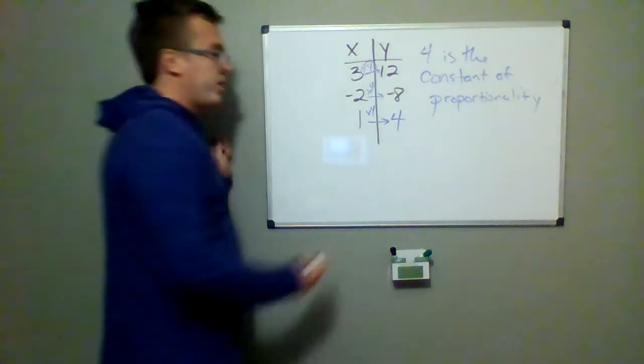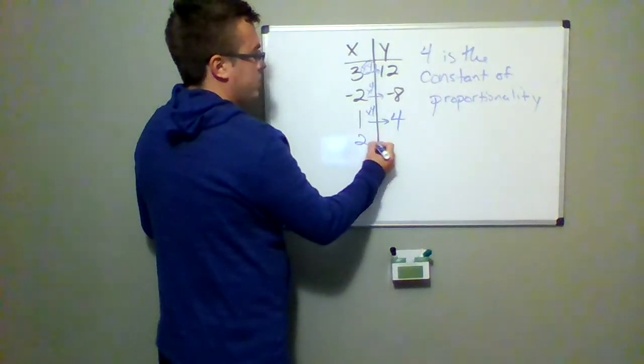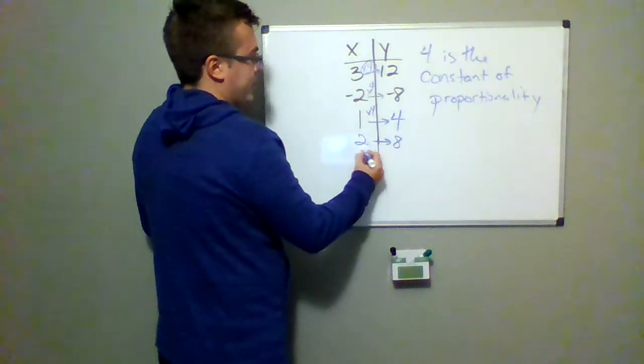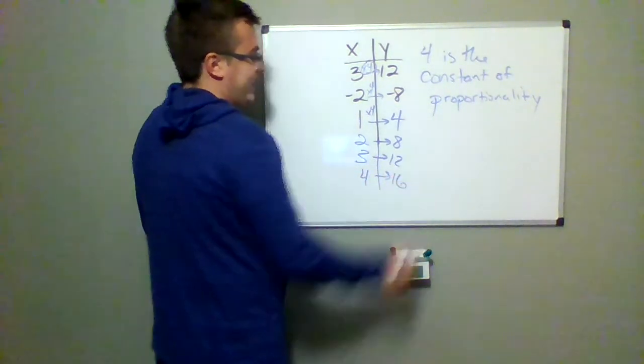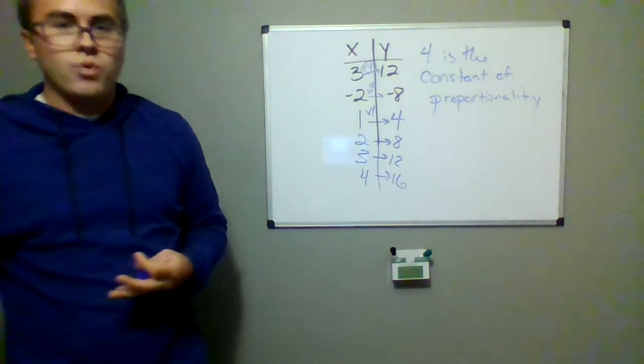And we can keep going with examples. If I inputted 2, I would get 8. We already said 3 goes to 12, 4 goes to 16. There's a pattern that's forming.